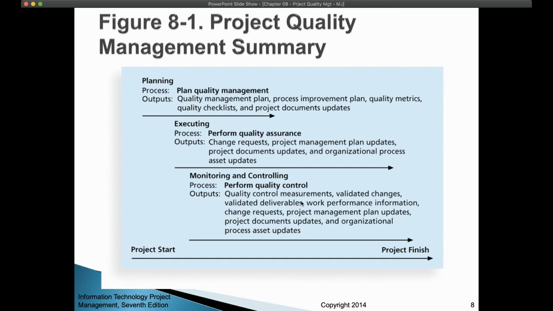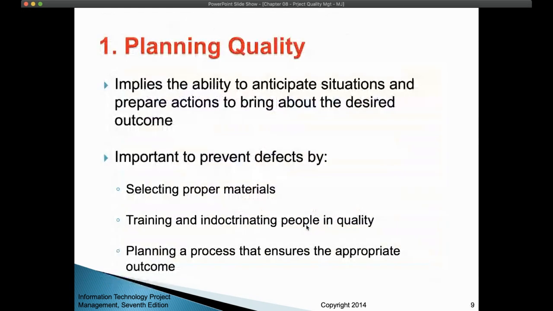Then you will have validated deliverables, and the deliverables are checked if they are according to the plan or not, and so on. And also the work performance information, which is something that you will produce when you are executing, and any other update after a change happens, you have to also include.